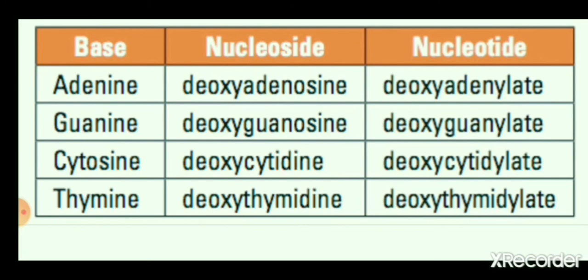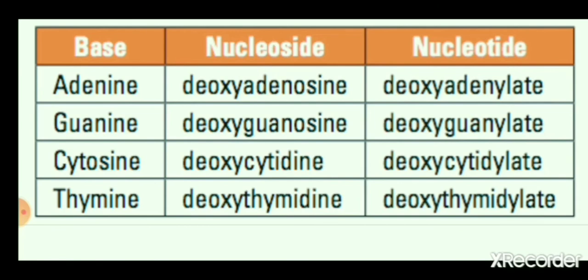Adenosine, when attached with a ribose sugar, forms adenosine, and deoxyadenosine with deoxyribose. But when it is attached with a phosphate ion, it is also called deoxyadenylic acid. I missed those names in the picture, but you can note that.